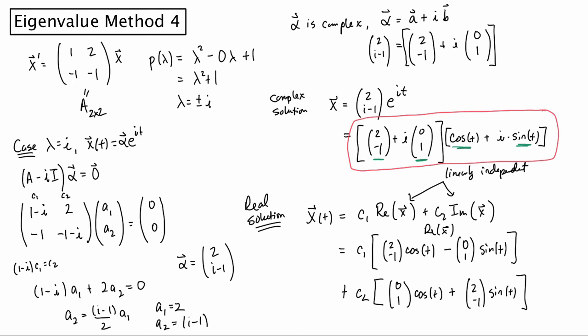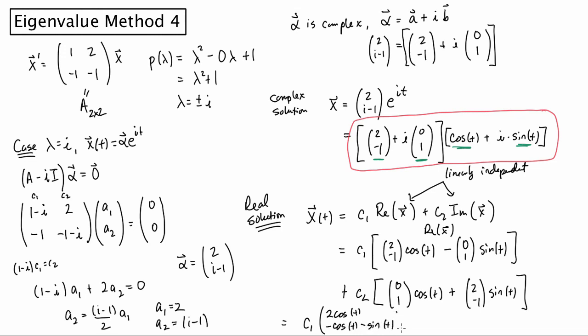And so there are many different ways that I could go about writing a final answer for this. I think one of the best ways when you have complex solutions is to just leave it in the vector form that we have here, except to combine the components. So we'll call it c1, and then let's do the vector for the first part. Reading across the top, it is 2 cosine t. And on the bottom, it's minus cosine t minus sine t.